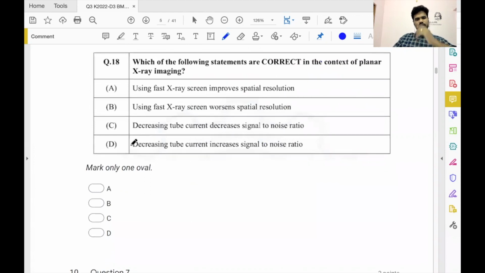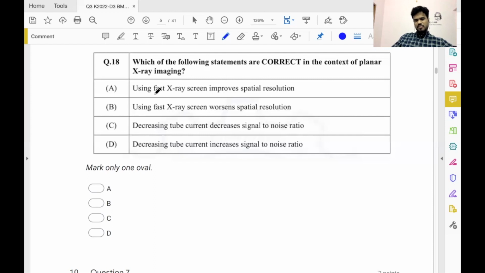Okay, fine. Quickly, which of the following statements are correct in the context of planar X-ray imaging? Okay, so let's quickly answer. By now, for questions like this, your ideas are simple. And when things are slightly confusing, use common sense.